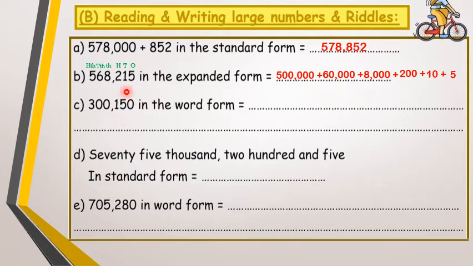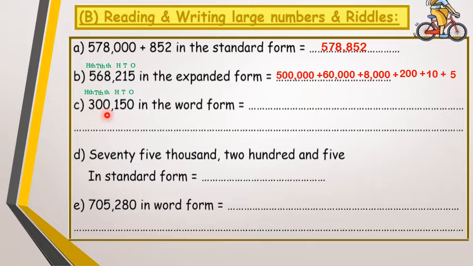Okay, I want to write this number in word form. First, I will put every digit in its place value to read the number. So I have ones, tens, hundreds, thousands, 10,000s, 100,000s. Now I read the number from left to right, from the bigger value to the smaller value.